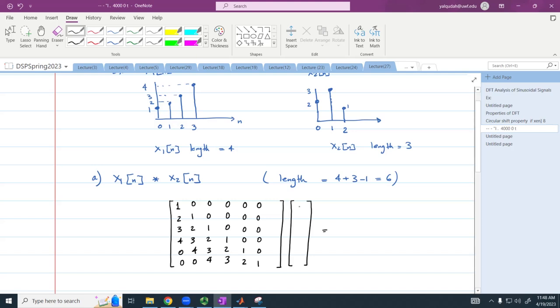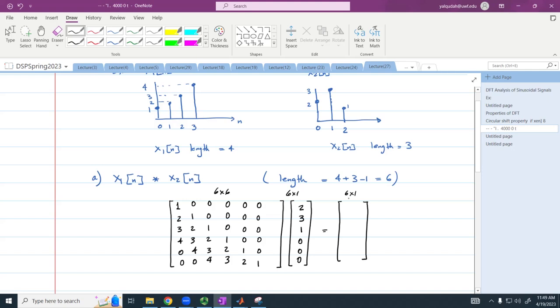And then the second signal is 2, 3, 1, 0, 0, 0. So this is 6 by 6, this is 6 by 1, and this is going to be 6 by 1.